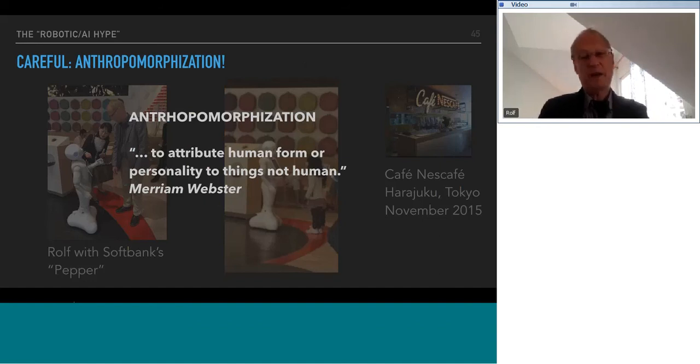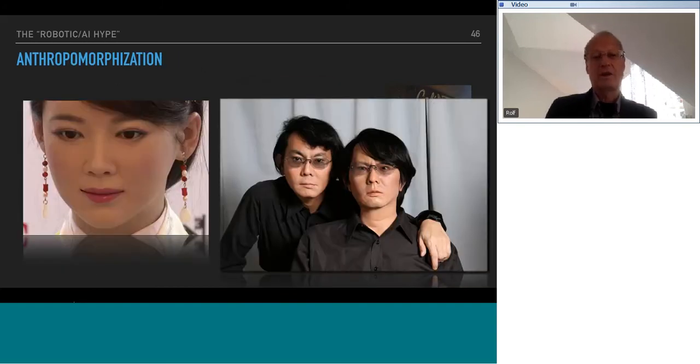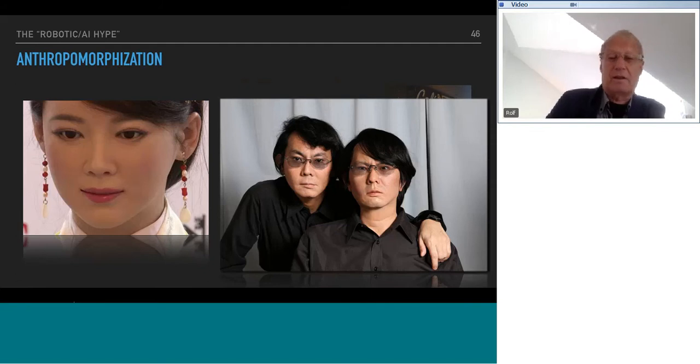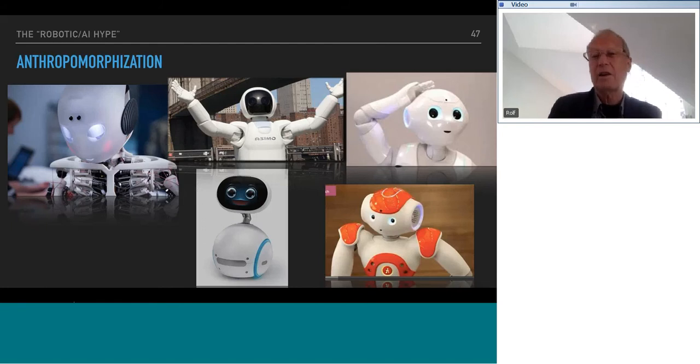We have a strong tendency to do that. Of course, if robots are very human-like, like this beautiful Chinese robot lady on the left, or we all know Hiroshi Ishiguro's Geminoid, then it's very natural to attribute human-like properties to these robots. But they don't need to look like humans.